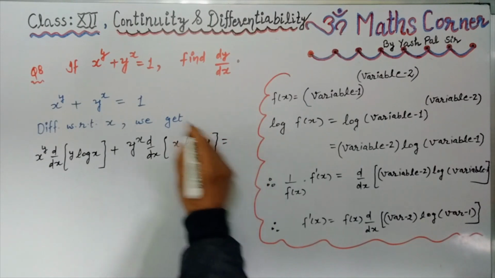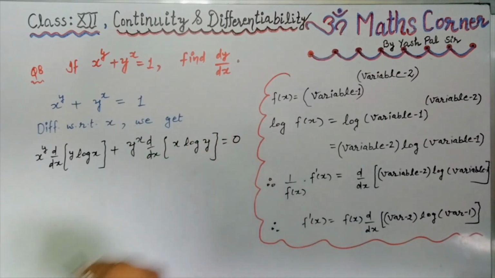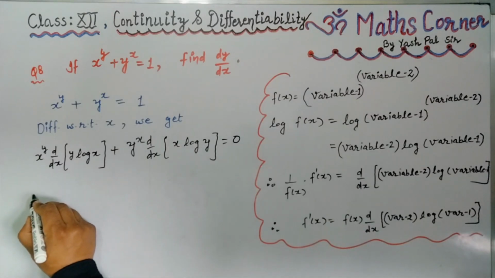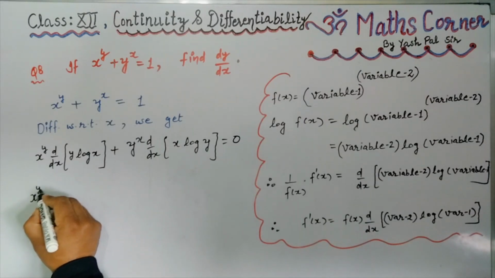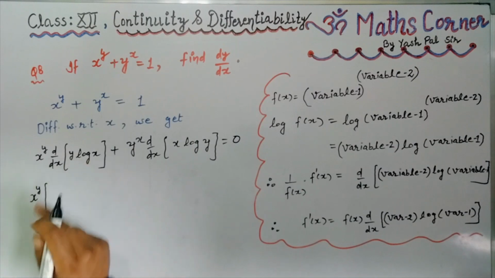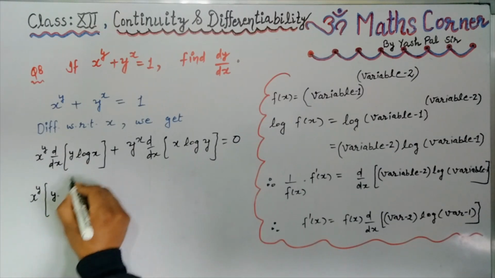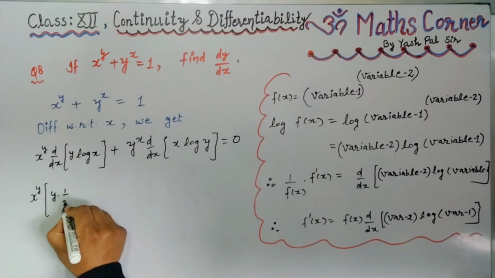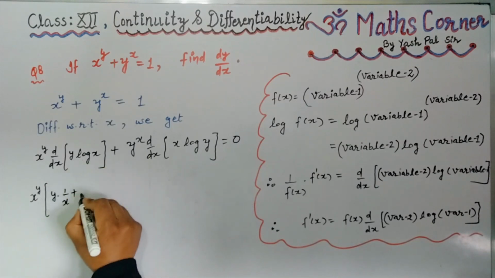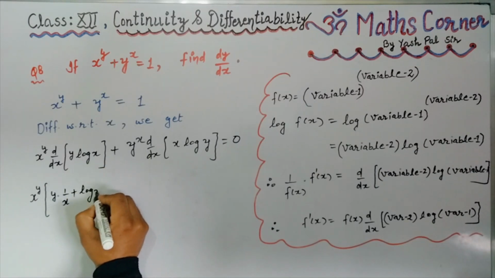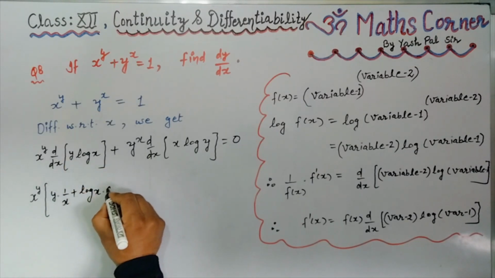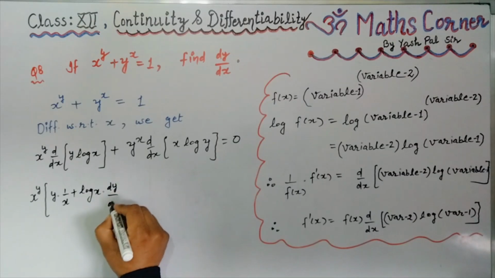Right hand side derivative, constant derivative is 0, so this is equal to x raised to power y into, by the product rule, first function log x derivative is 1 upon x, plus log of x into y derivative is dy upon dx.